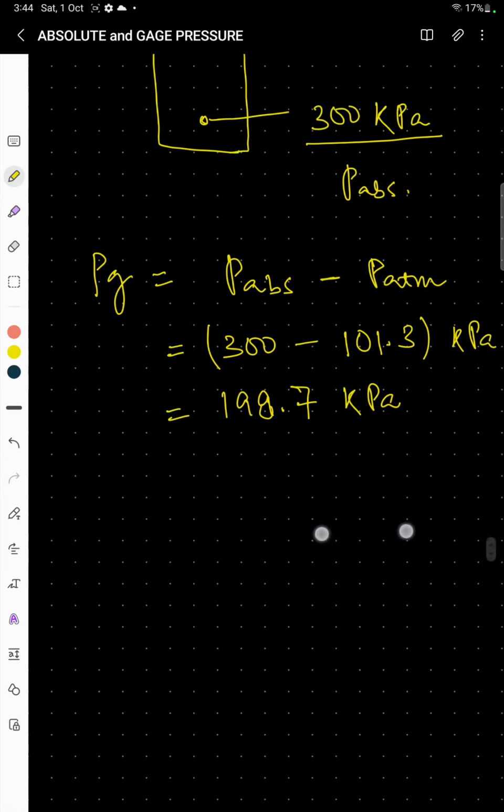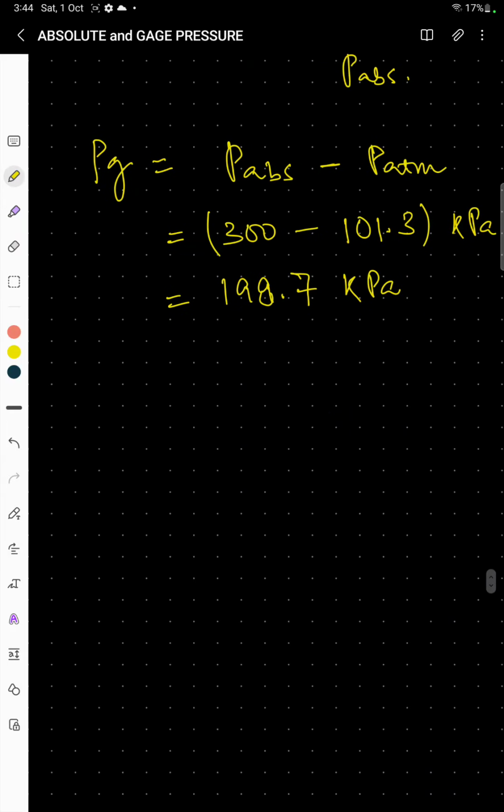Now if we want to represent this whole concept in a graphical format, we consider a line that is your P absolute, and this we consider to be 0. Whatever you add above this is your pressure scale, and the zero happens at vacuum.